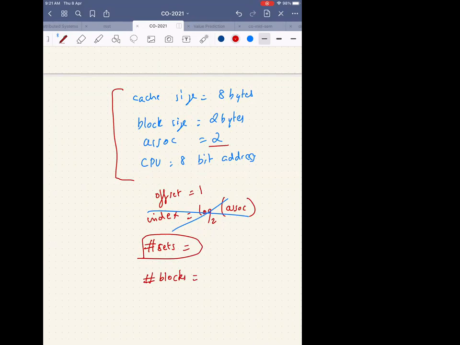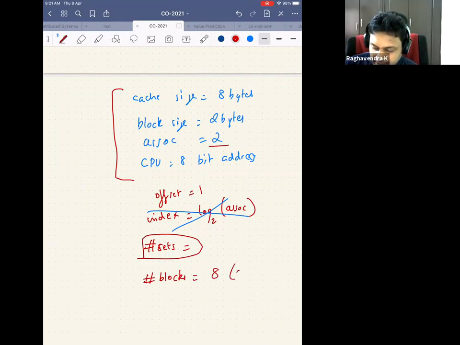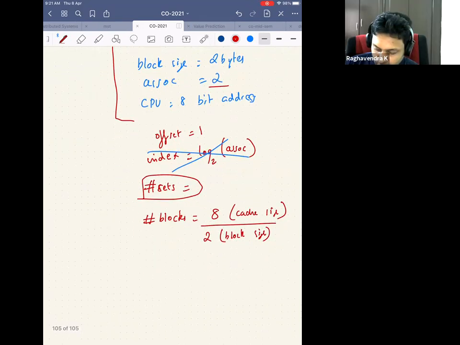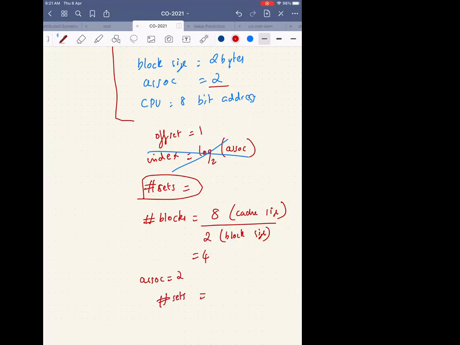So I just divide 8 by block size. Cache size by block size. So now I have 4. Number of blocks is 4. Associativity is 2. So number of sets is what? 2, right? How did you get 2?